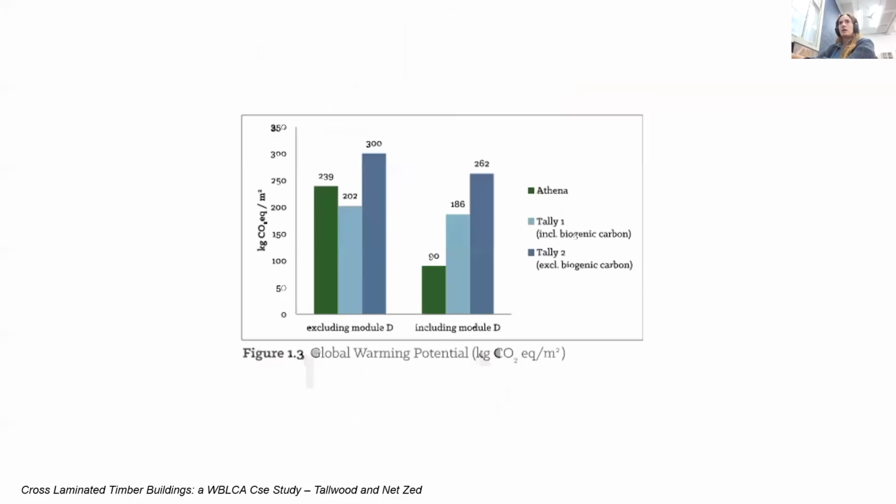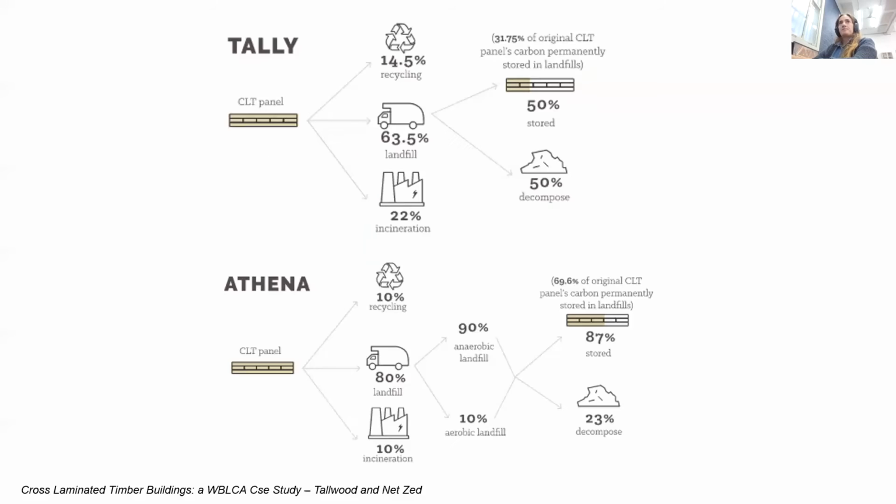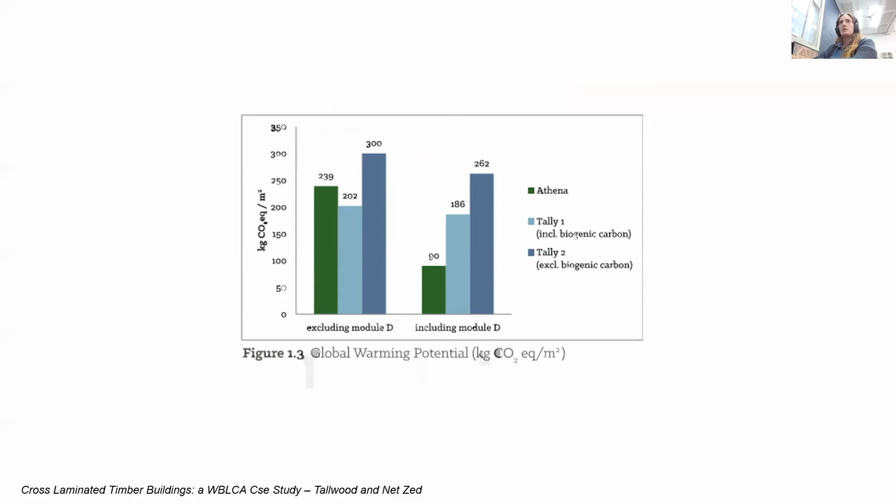So when you start to look at the impacts this can have on how much carbon is in your LCA, you can see that in Tally, where more timber is left to decompose, let's just look at this one here, for example. When you include biogenic carbon, there's much less carbon in the equation because you're able to take it out.